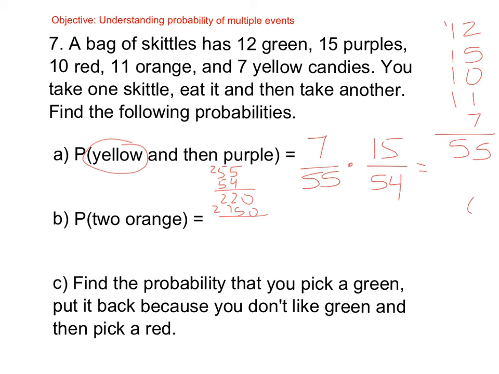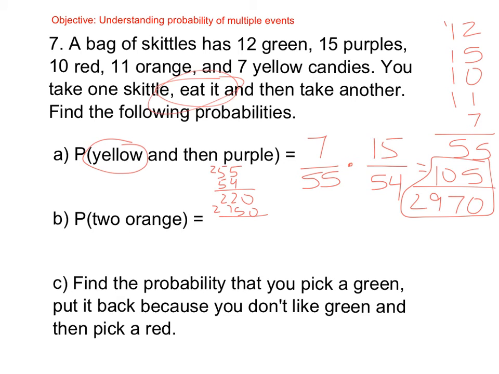So we get 0, 7, 9, 2 over 105. And then you could simplify that, but I don't have my calculator with me. I'm going to leave it. Because I'm taking a yellow, eating it, the number of Skittles just went down.